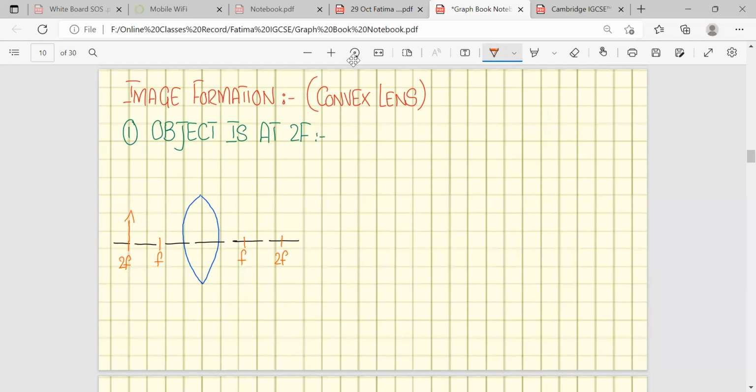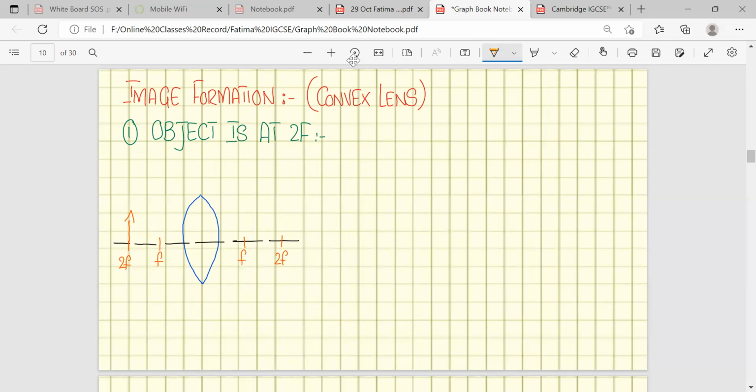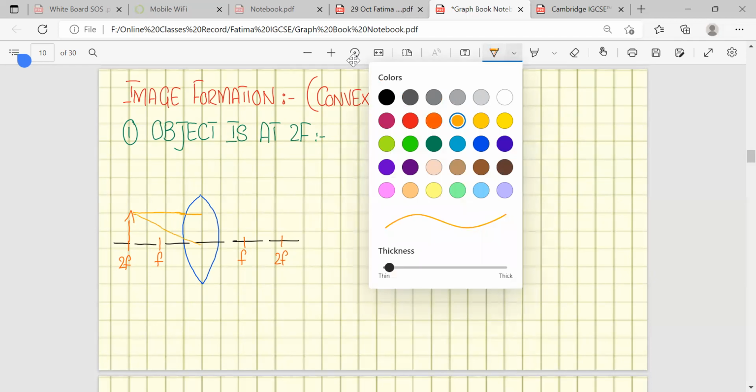So the light rays, as we earlier discussed in the basic principle for the orientation of light rays, one is passing from this point parallel to the axis, and the other is passing through the center of the lens. So the image of the object will be formed at 2f.